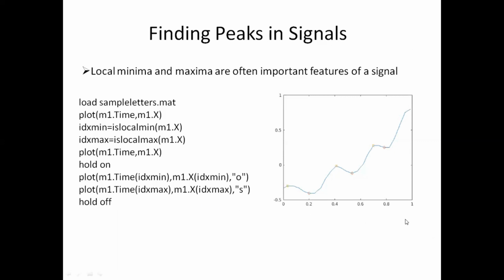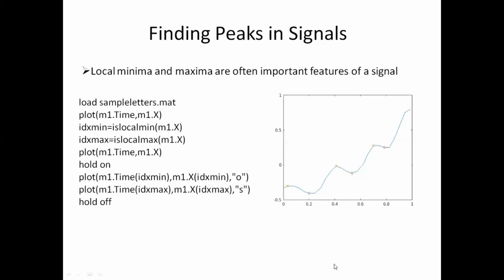The x-axis is time, m1.time, and the y-axis is the x position, that is m1.x. After making this plot I am using the hold on command, because on the same plot I want to represent the minima and the maxima points that are identified by the islocalmin and islocalmax functions.